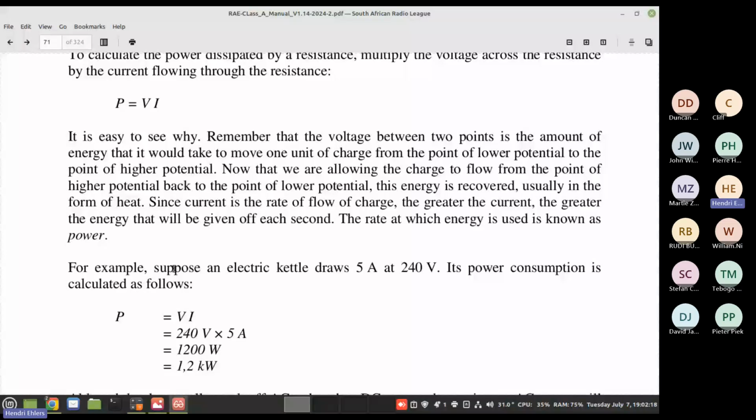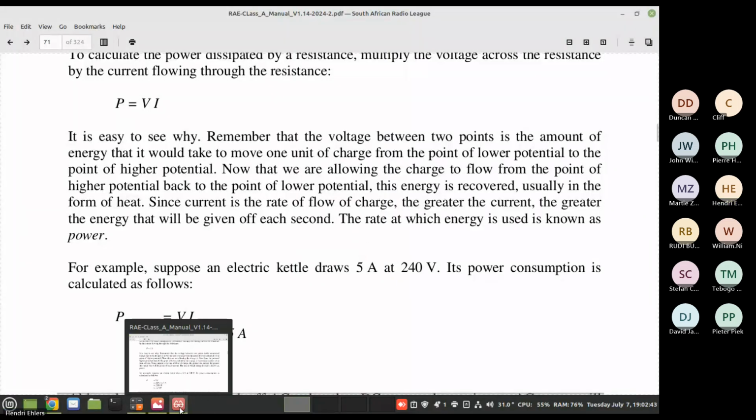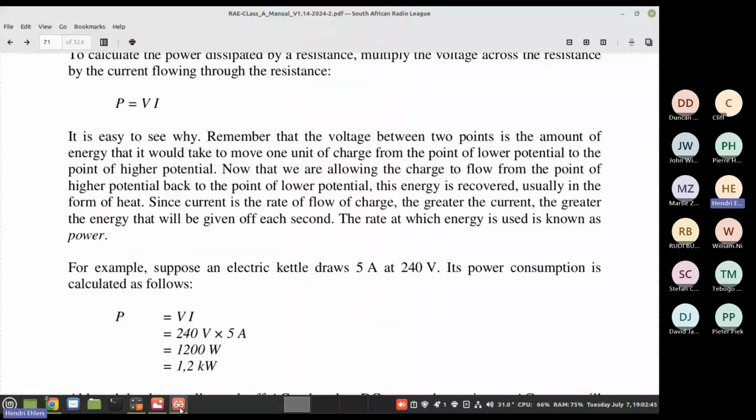The rate at which energy is used is known as power, and it is expressed in watts. So they've given us an example here. We've got a kettle that draws 5 amps at 240 volts, and we must calculate the power consumption or the wattage.